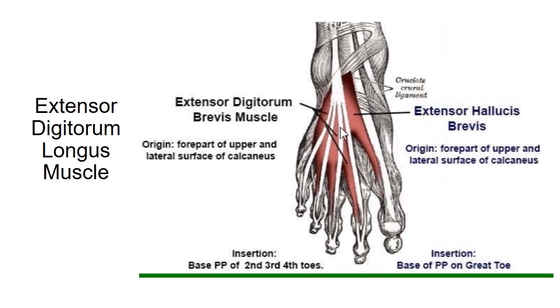This white tendon, which you can see here, is extensor digitorum longus muscle. This brown muscle is extensor digitorum brevis muscle. We'll talk about this muscle in detail in the dorsum of foot. For now, just remember, this is inserted into the lateral side of the tendons of extensor digitorum longus muscle for the second, third and fourth toe.